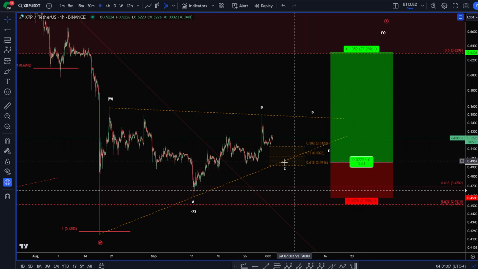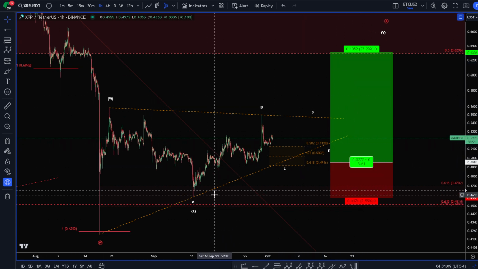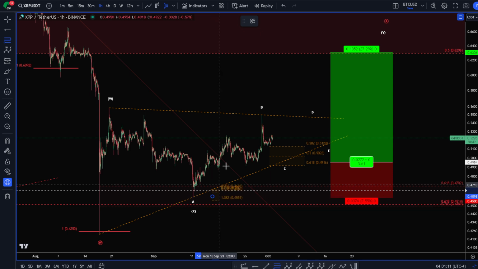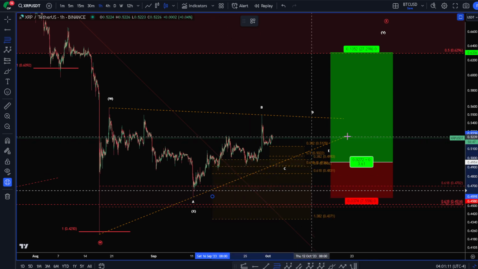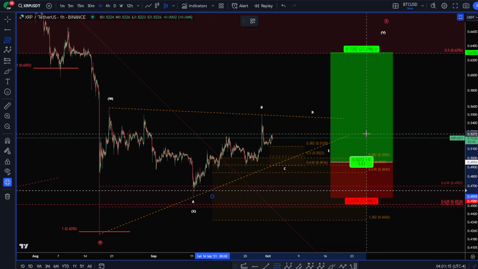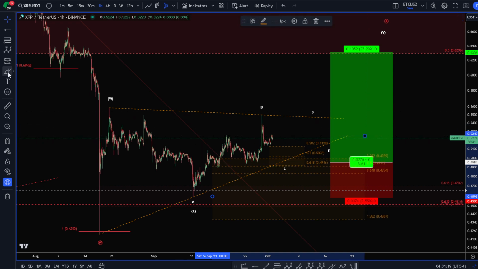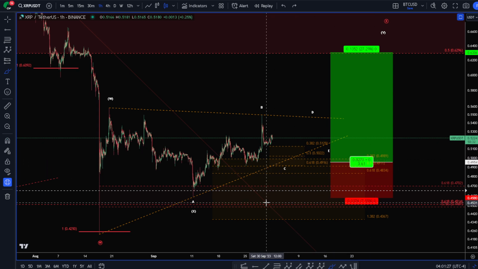So what I've done is I originally got in the entry, if you remember, over here. I got an average price of this previous move here. I've gotten 2/3 of my entry. I bought one at the 382, you see, at 4989, and one at the 50, and I had a third entry at the 618.